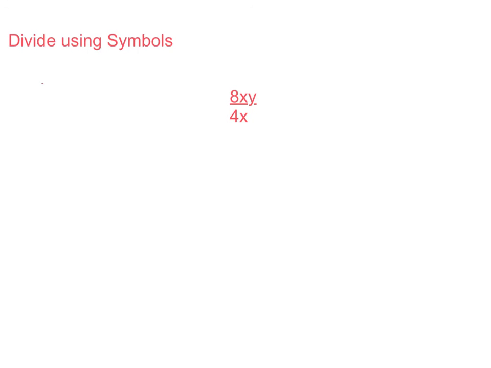So 4x goes into 8x 2 times. So we can cross that out. And we know that it goes in twice. And if we look at the y's, there's only a y on top, but there's no y on the bottom. So we just keep the y. So our answer is going to be 2y.